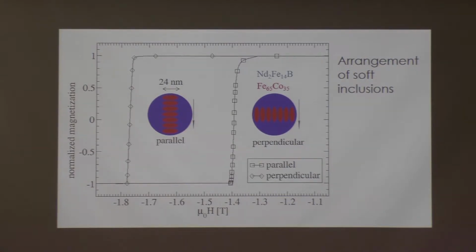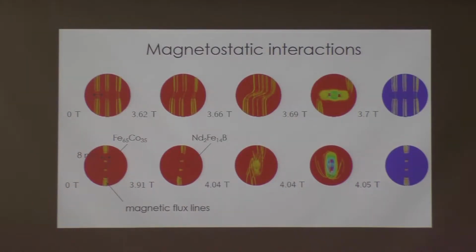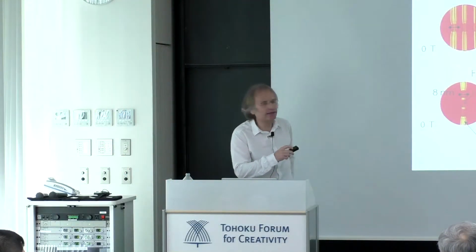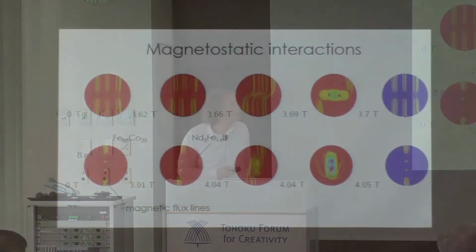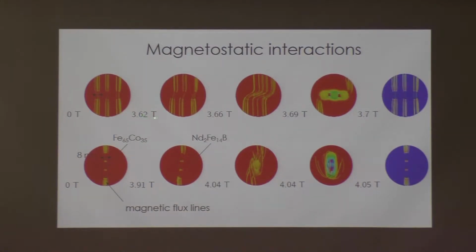We can look at what's going on with the magnetic flux inside the magnet during magnetization reversal. The yellow lines here are the magnetic flux lines, and we plot them for different applied fields; for the high fields, the magnet has already reversed.